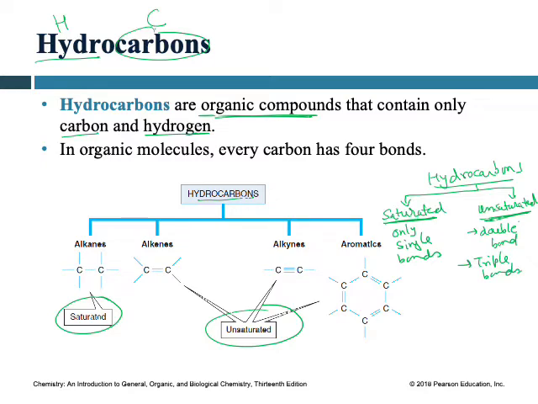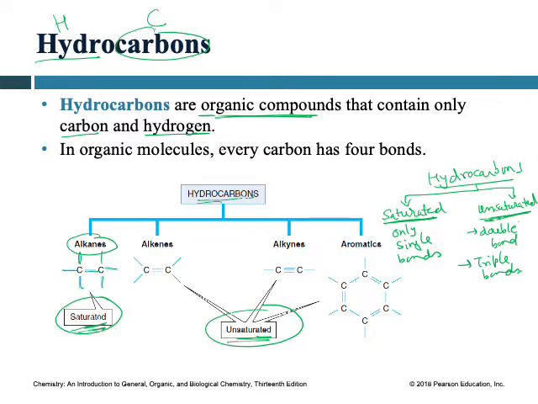They are unsaturated, right? So now let's go to this picture that is shown on the PowerPoint. Hydrocarbons can be saturated and unsaturated, and the example of a saturated hydrocarbon is alkanes. Like I already told you, those are compounds that contain only single bonds. If you can see, they are all single bonds, right?